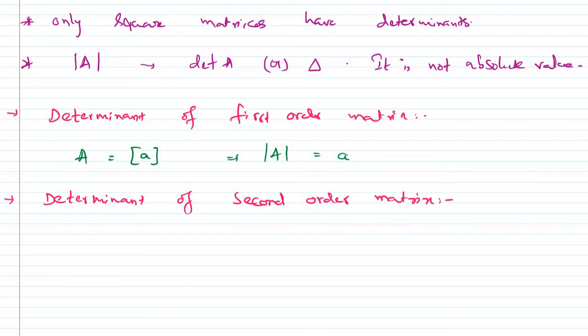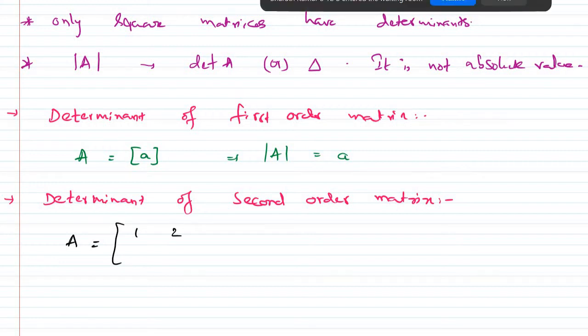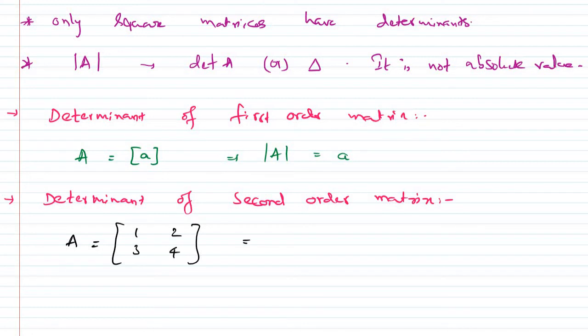So let A be the matrix 1, 2, 3, 4. Then the value of the determinant of A, det A, is a1 b2 minus a2 b1, right? So first multiply these two: 1 into 4, minus multiply these two: 2 into 3.